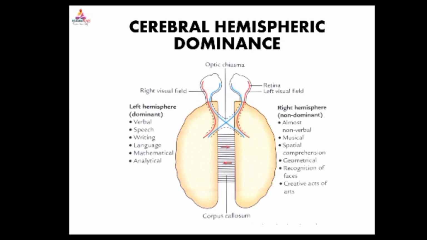Consequently, over 90% of the adult population is right handed. During childhood, one hemisphere slowly comes to dominate over the other, and it is only after the first decade that dominance becomes fixed.